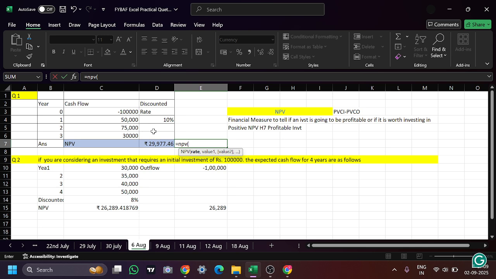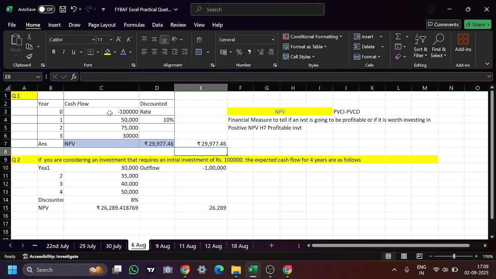So we will be selecting the rate, thereafter comma, the values, done, thereafter close the bracket, then the plus symbol and the outflow, and you are done.